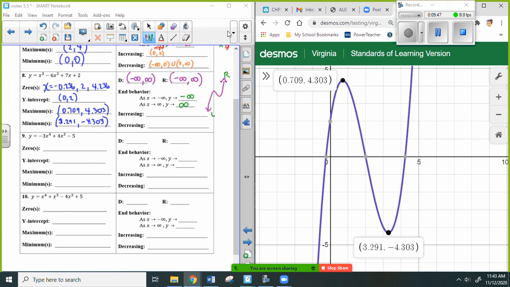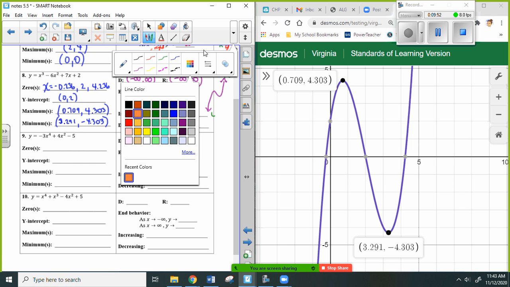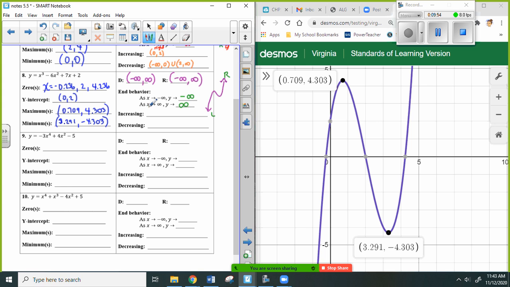So we're going to increase first, until we get to that first maximum. And yes, you need the decimal. And then we're going to decrease from that same number to the minimum. And then we're going to increase again from that minimum to positive infinity. Okay?